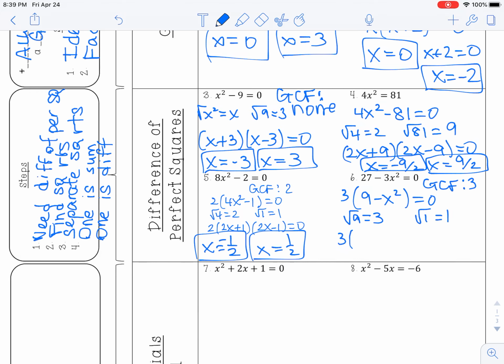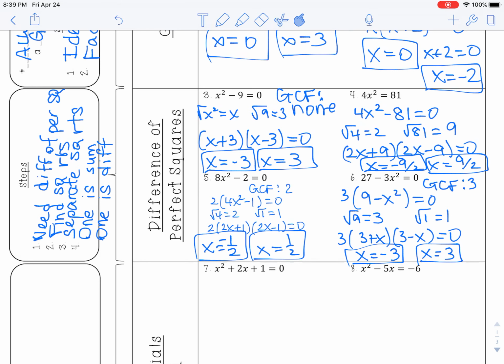So we still get 3 plus x, 3 minus x. Set each equal to 0, and you'll still get x equals -3, x equals positive 3.